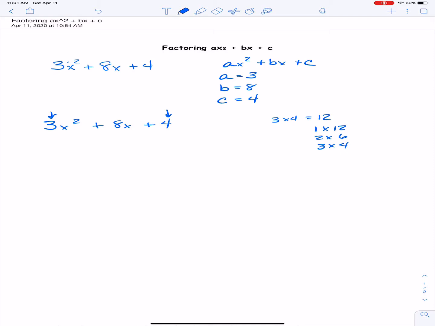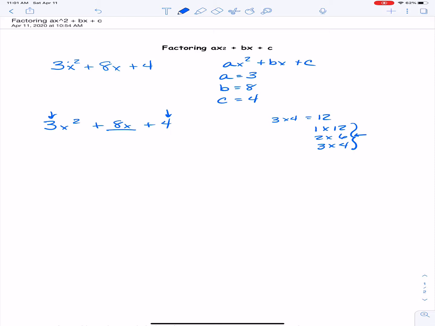Now I need to look at my b term, which is 8, and ask myself which one of these three factoring pairs can create an 8 as my center term. The only one right now that we have is 2 and 6.